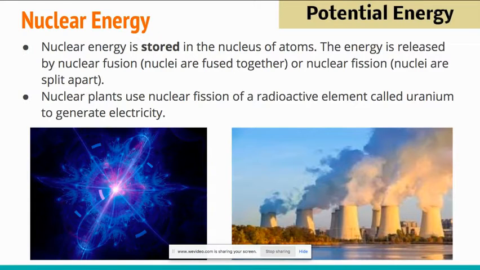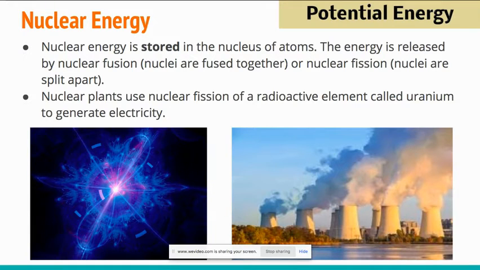Nuclear potential energy. When we're talking about nuclear potential energy, it is energy stored in the nucleus of an atom. So what's crazy about this is that really nuclear potential energy has just started to be a thing. The only way you can access it is through releasing the energy inside of a nucleus by either nuclear fusion, which is combining 2 nuclei together, or nuclear fission, which is splitting 2 nuclei apart.